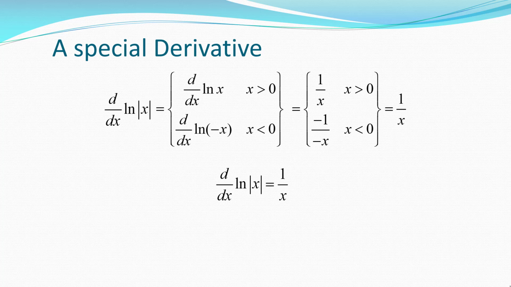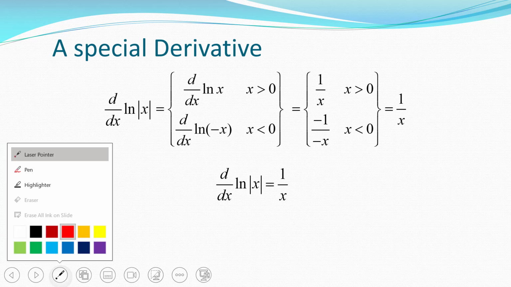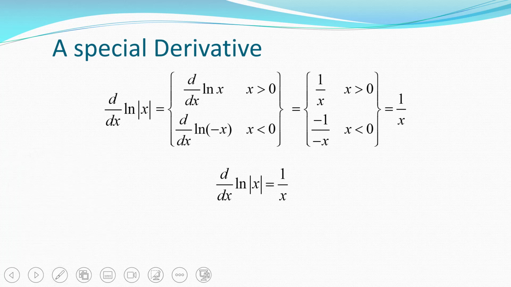But the domain of the natural log of x is only bigger than 0. Those two things don't have the same domain. But here, the domain of this function and the domain of this function, they are indeed the same thing. So, because of that, we're going to be using this a lot more. You're going to see this quite a bit more.